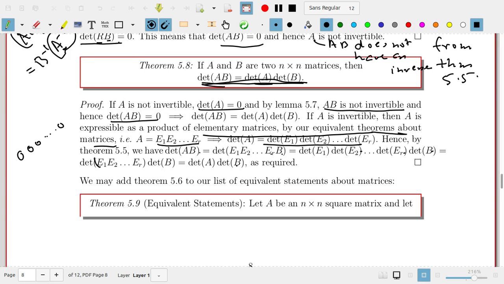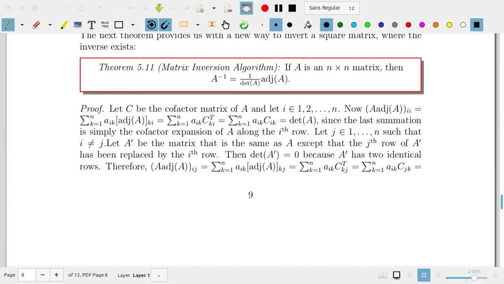So now, since we've proven that A is invertible if determinant of A is not equal to 0, we can add this to the equivalent statements about matrices that we have.